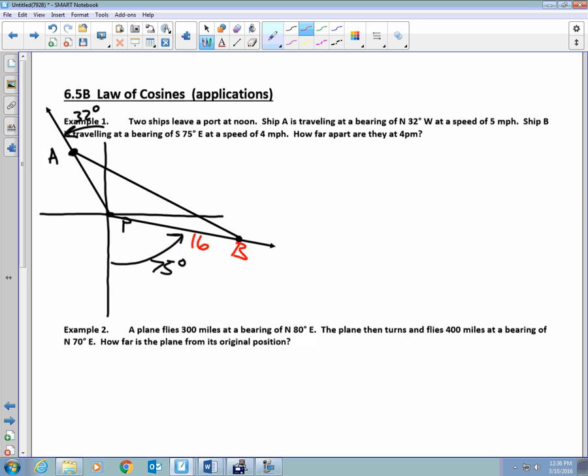How about ship A? 20. Okay, I've got two sides. I need an angle.